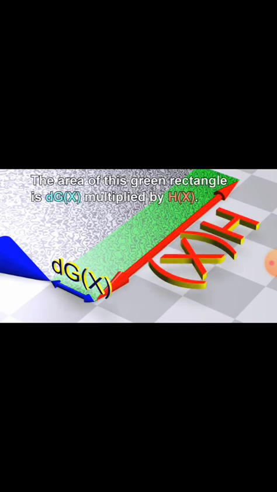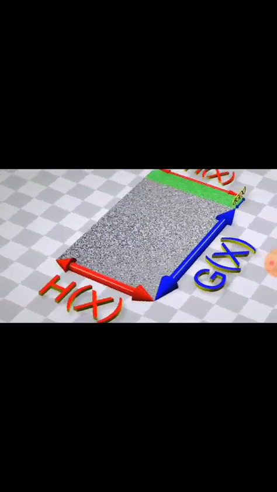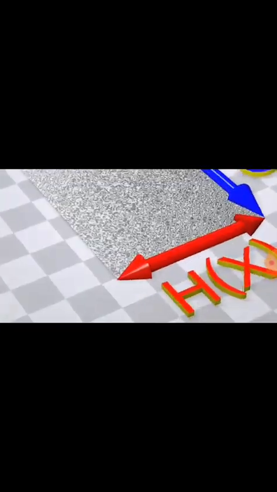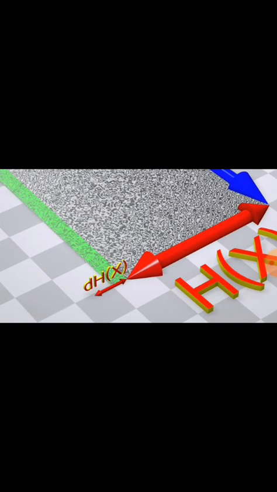The area of this green rectangle is dg multiplied by h. The area of this other green rectangle is dh multiplied by g.